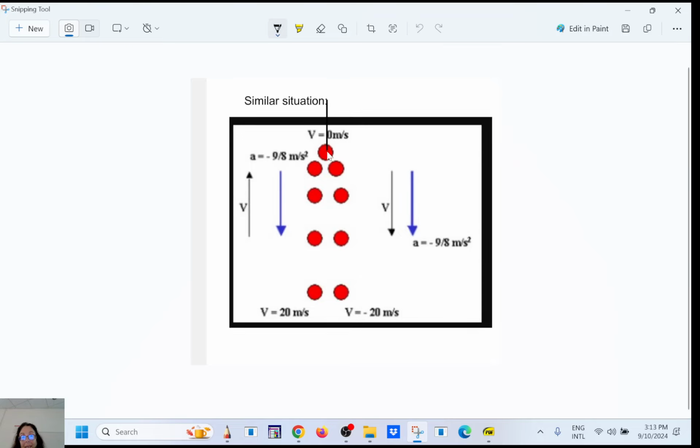So we have a y-axis. So y-axis here. So we want to know how to predict the position on the number line of the ball as a function of time. And we want to predict what's going to be the velocity as a function of time.